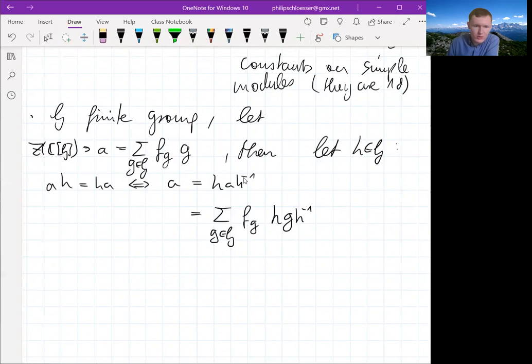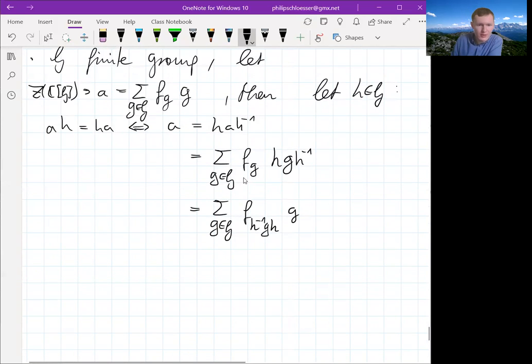Or we can do a substitution inside the sum, and say this should be the same as this thing here. And well, we want this to equal A, so it should be the same as f_g g.